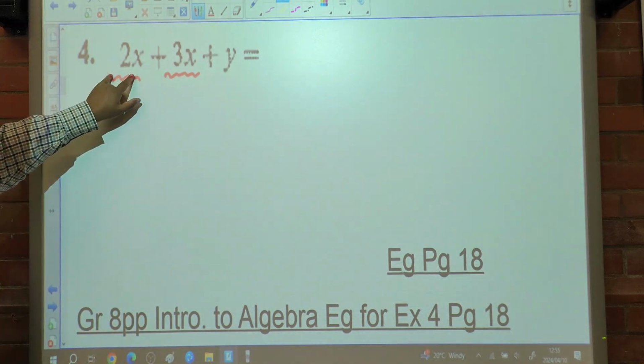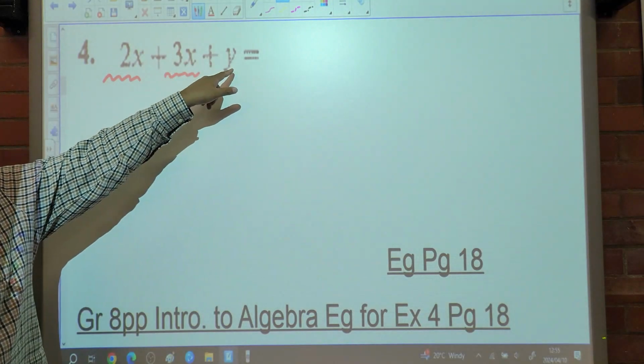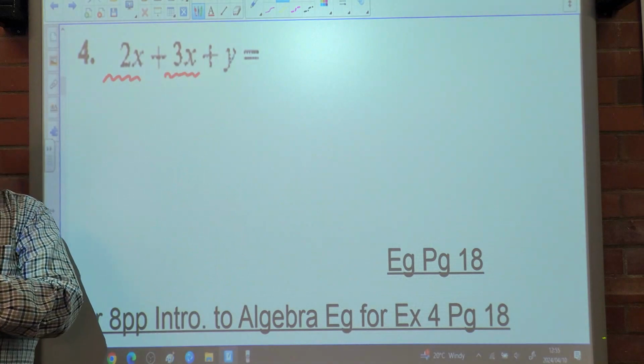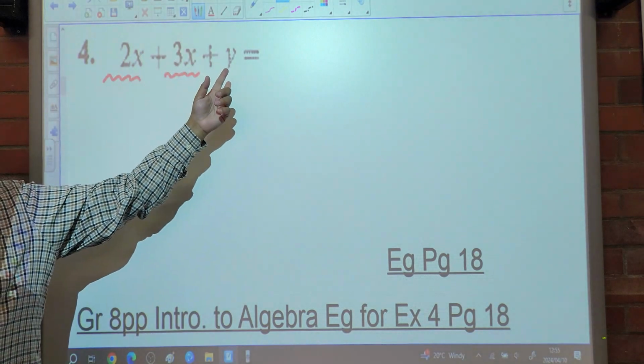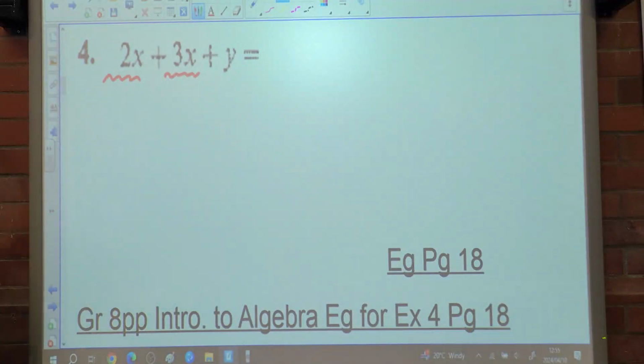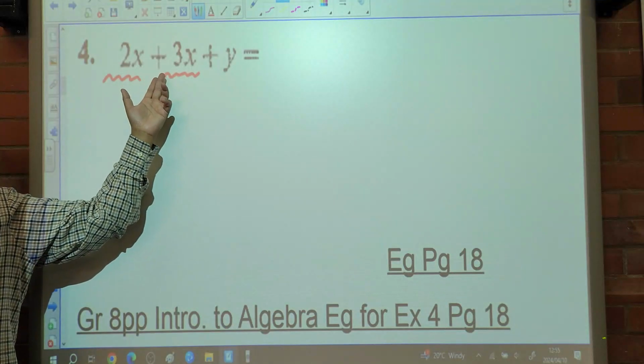So we have 2 forks plus 3 forks and a knife. So you add it together, what do we have? We have 5 forks and a knife. Why? Because they are different. It's still cutlery, but only those two are the same.